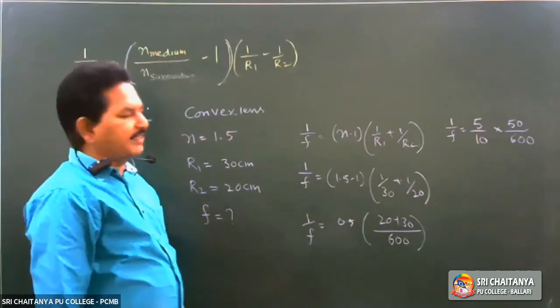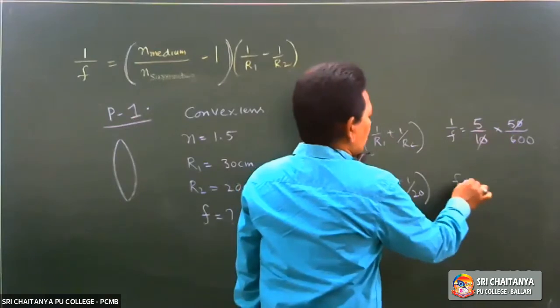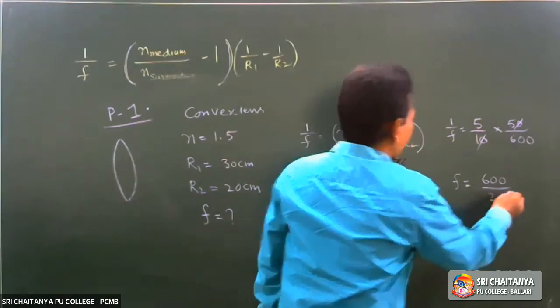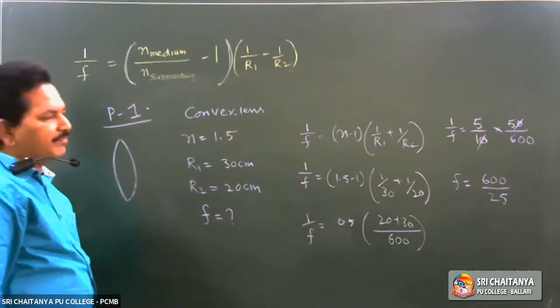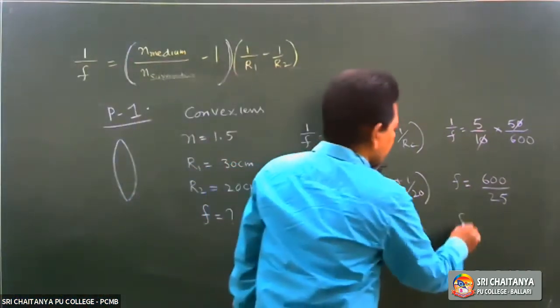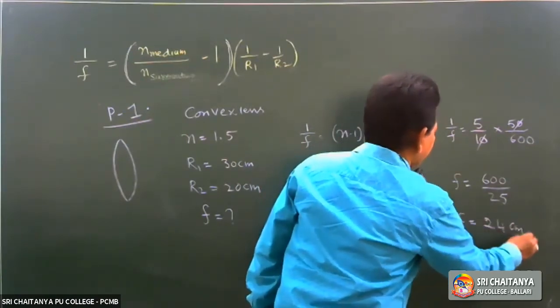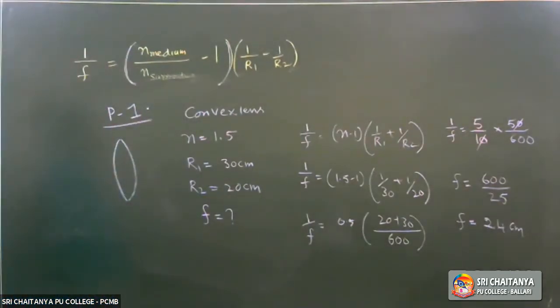The zeros cancel. So F is equal to the reciprocal, 600 by 25. 5 5s are 25, 25 2s are 50, 25 4s are 100. So the focal length of the lens is 24 centimeters.